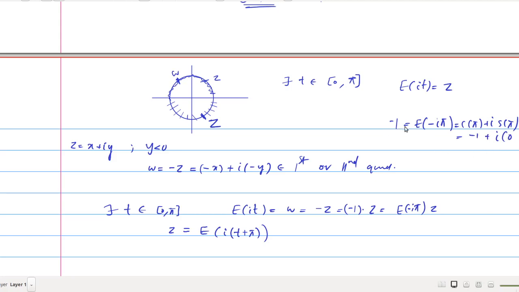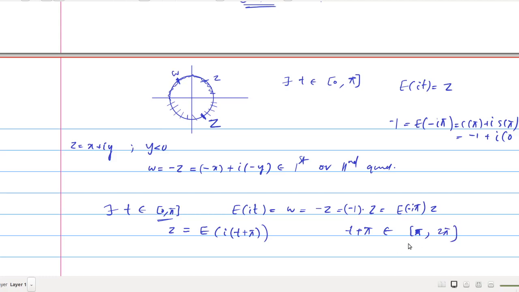So we replace this minus 1 by e of minus i pi and transpose it to the left hand side. So e of it divided by e of minus i pi, that is e of i pi, since 1 by e of minus i pi is e of i pi, so we can write z equal to this. But we know that this t lies between 0 and pi, then t plus pi belongs to pi to 2 pi.